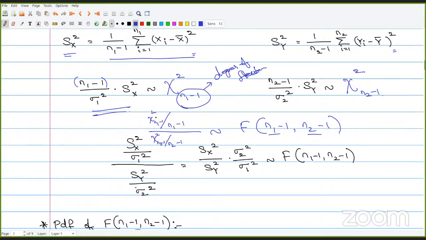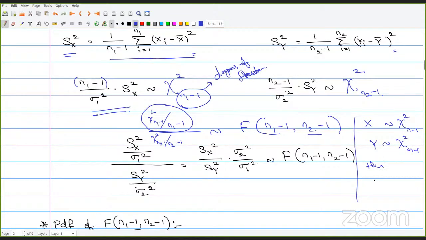So the chi-square n1 minus 1 random variable divided by its degrees of freedom goes in the numerator, and you divide it by chi-square n2 minus 1 divided by n2 minus 1. To write it cleanly, let's say x follows chi-square n minus 1 and y follows chi-square m minus 1.